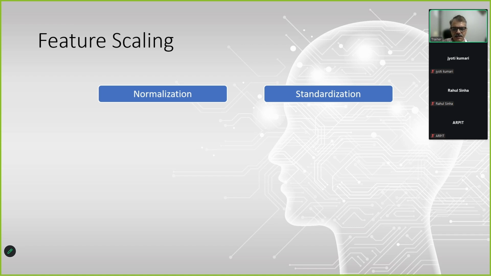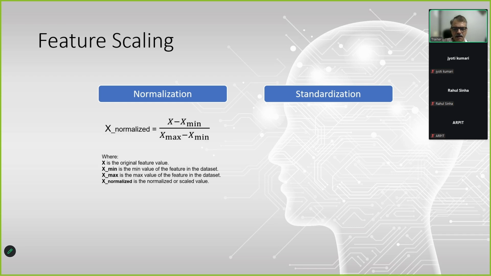Normalization is the process of taking the minimum inside a column, subtracting that minimum from every single value inside that column, and then dividing by the difference between the maximum and the minimum.